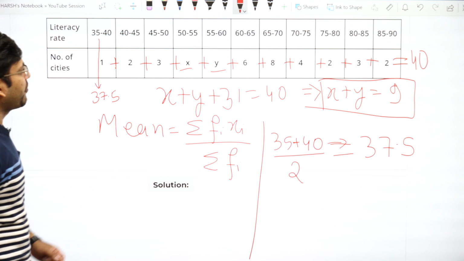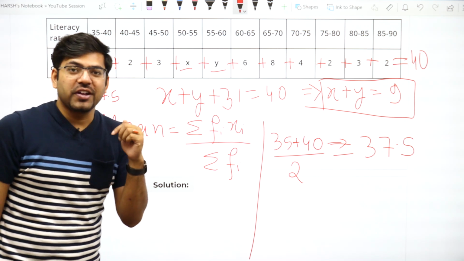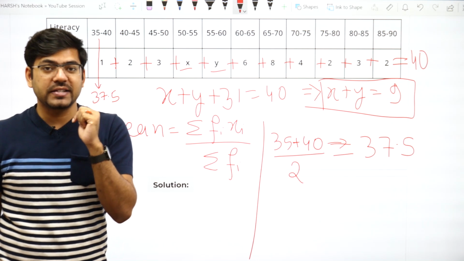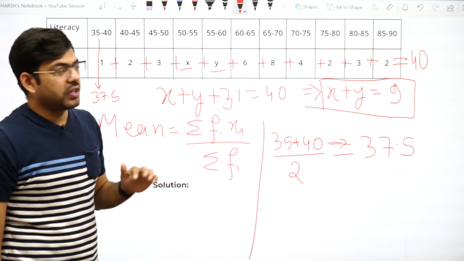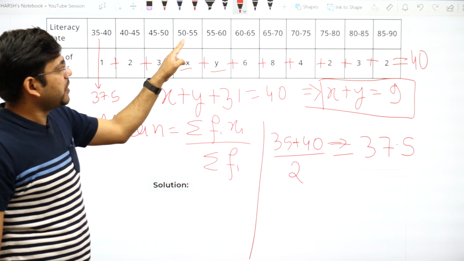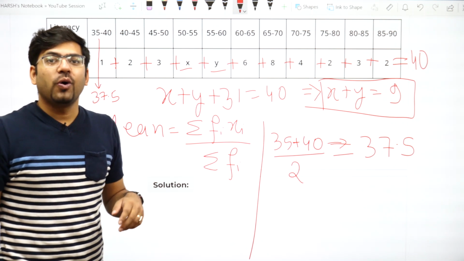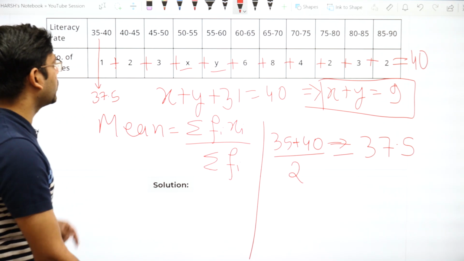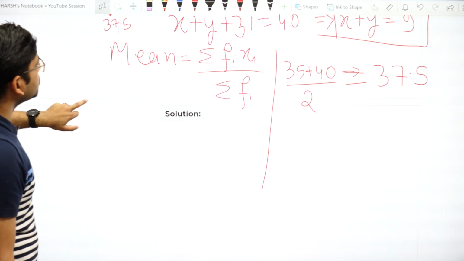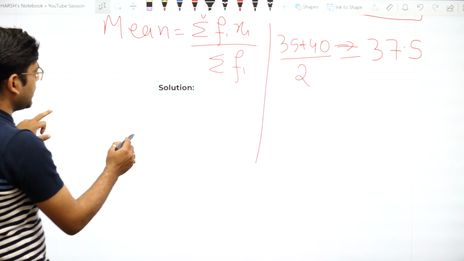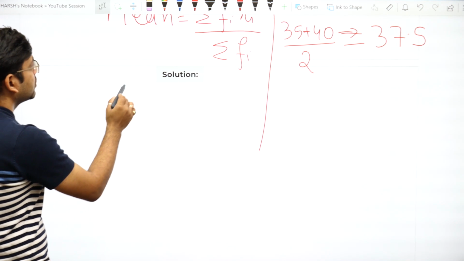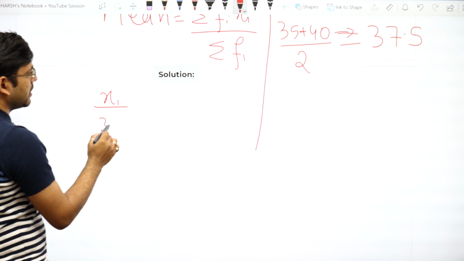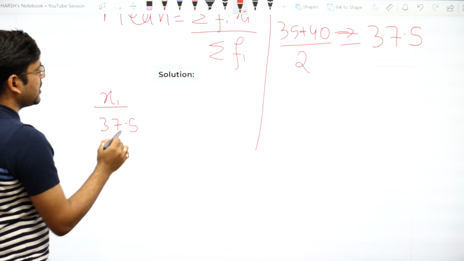In a very similar fashion, for 40 and 45 we get the middle value between 40 and 45, which will be 42.5. Similarly 47.5, 52.5, 57.5, all the values in between. I will not find the whole value, rather I will just write it down. I am writing xi starting from 37.5.